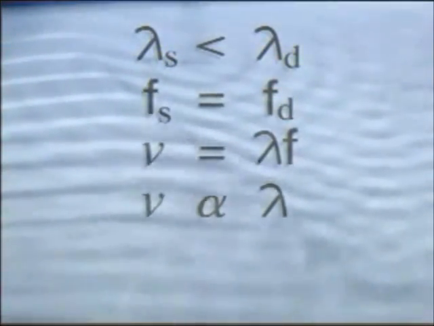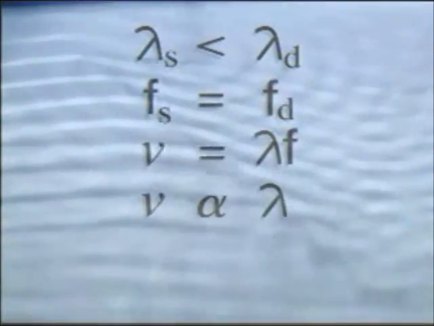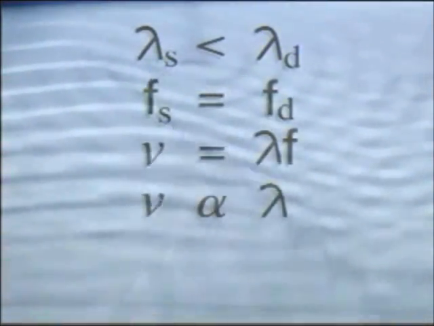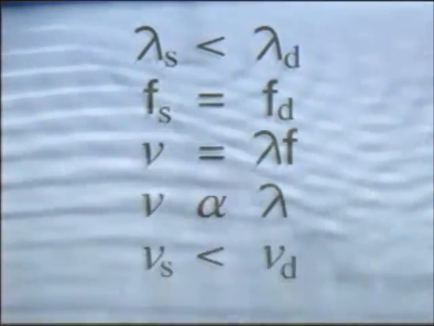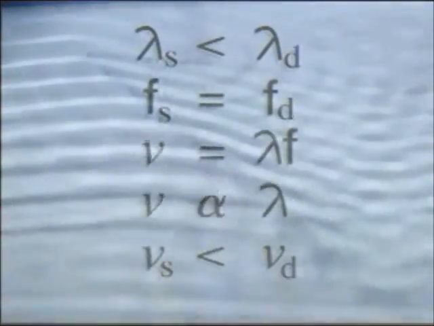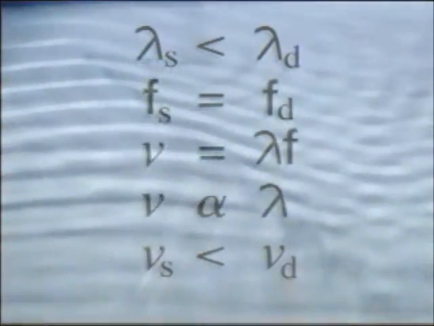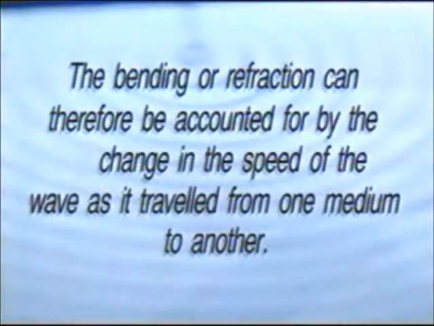A shorter wavelength means a lower speed, and a longer wavelength means greater speed. Hence, the speed of the wave in the shallow water is less than in the deep portion. The bending or refraction can therefore be accounted for by the change in the speed of the wave as it traveled from one medium to another.